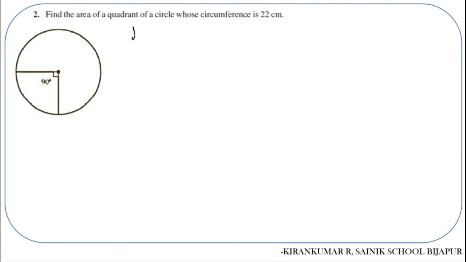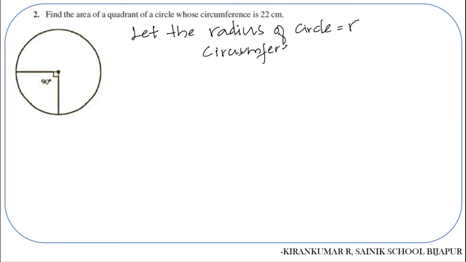For instance, let me consider the radius. Let the radius of the circle be r. They have mentioned the circumference. They have given the circumference as 22 centimeter. Therefore, I can use the formula 2 pi r equal to 22 centimeter.